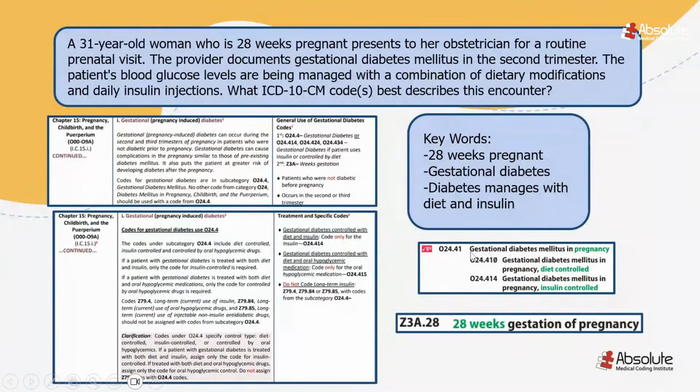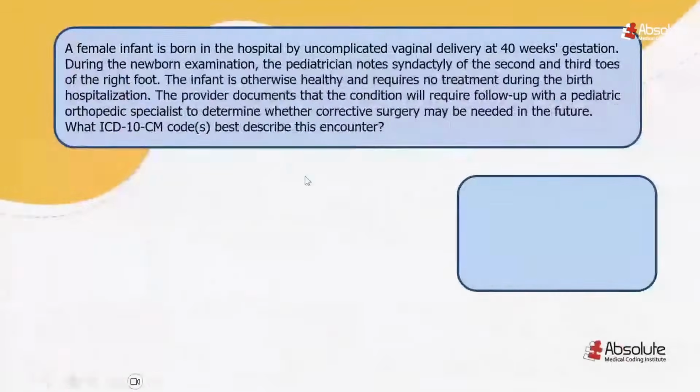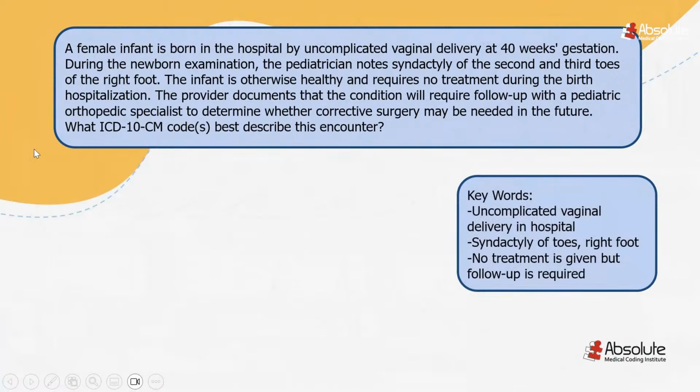Okay. Here is going to be our scenario. As always, the keywords we're taking out of here, I won't read this whole thing, are the uncomplicated vaginal delivery, specifically in the hospital, the syndactyly of the toes, specifically the right foot, and no treatment being given, but follow-up being required.